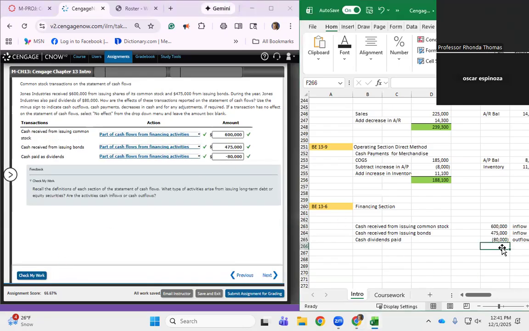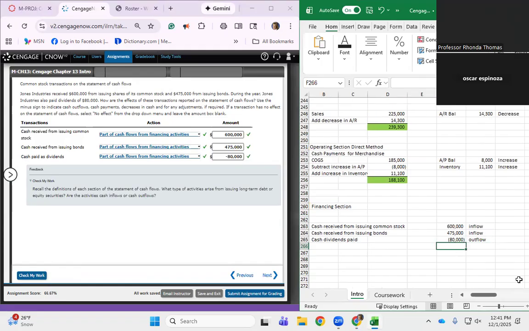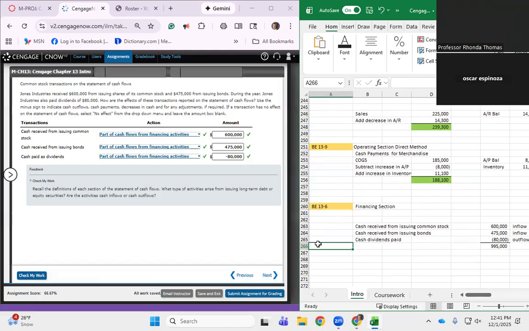If that's all there is in the financing section, so I'm going to take this just one step further. If that's all there is in the financing section, then we're going to get a net cash amount here. We're going to add these together, and we would have what's called a cash flow.